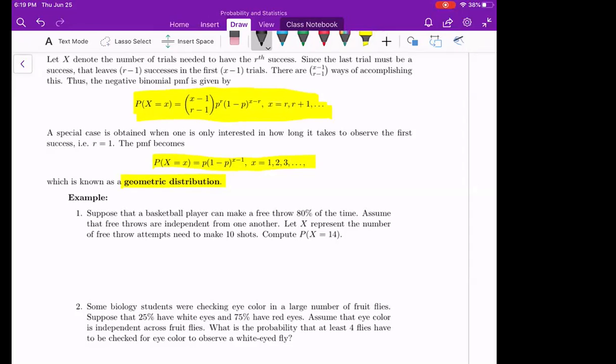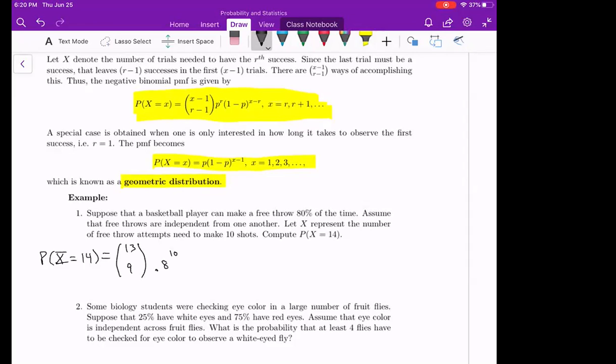So let's implement the negative binomial in this case. We want the probability that x is 14, which means we need 13 choose 9. So for the first 13 shots, any combination of 9 would satisfy, as long as the 14th one is a success, which is given by design. P is 80%, or 0.8, to the rth power, which is 10.